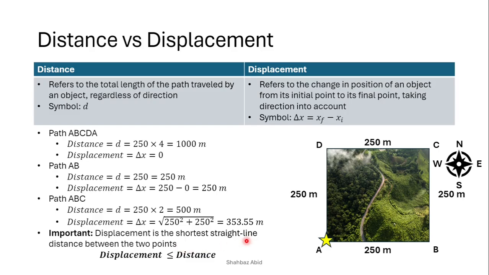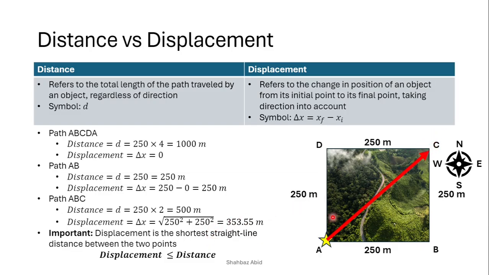In this case, the shortest distance is from A directly to C, so the displacement arrow starts from A and ends at C. This is the shortest distance that you can travel to reach from A to C.